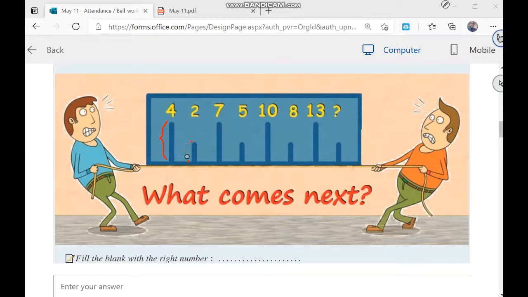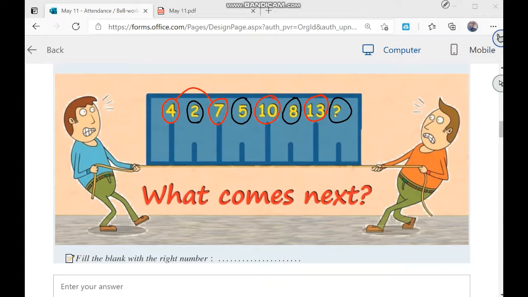Maybe this is a hint. On top of the tall bars, we have 4, we have 7, we have 10, and we have 13. On top of the short bars, we have 2, 5, 8, and question mark, right? And this gives kind of a hint.